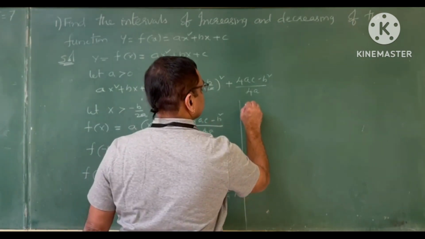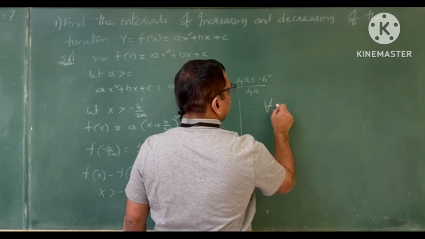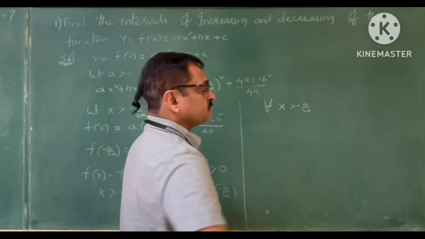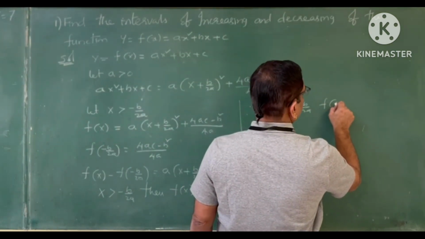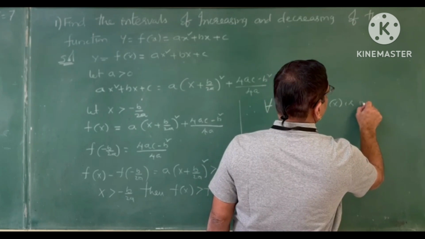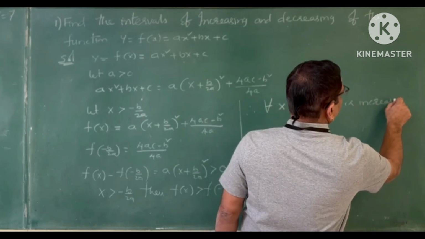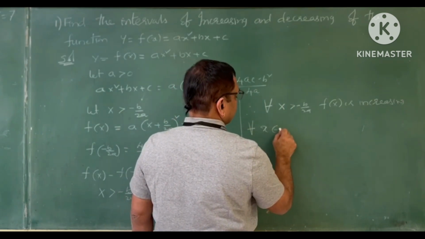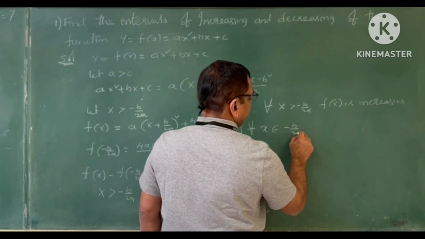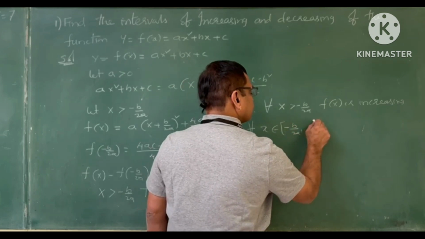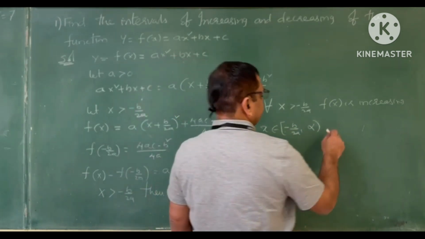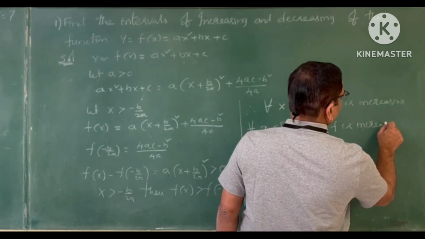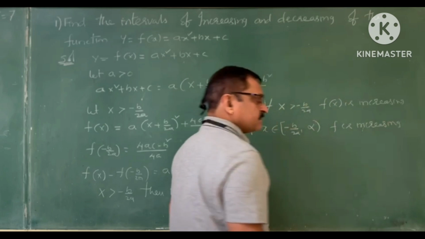Therefore, for all x more than minus b by 2a, f of x is increasing. Okay, so the conclusion is that for all x belongs to minus b by 2a to infinity, f is increasing.